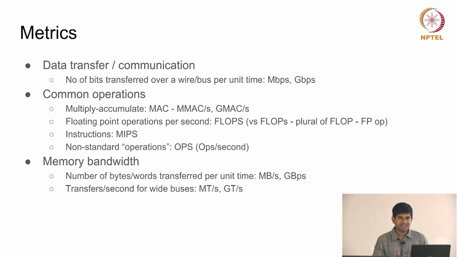The next thing after the raw data rate, how am I transferring information around, comes to operations, right? What kind of operations am I performing on the data that I have available to me? The most common in the realm of signal processing turns out to be something called the multiply accumulate operation, which is basically multiplying two numbers and adding it to something else, okay?